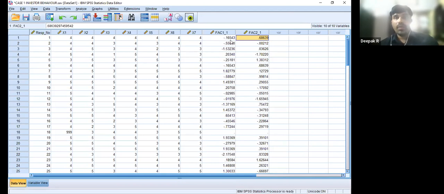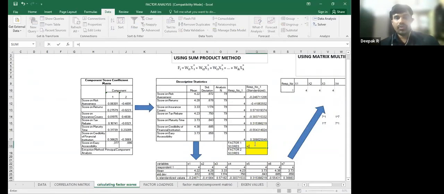Okay, so how did we actually arrive at these factor scores? We know that this is nothing but the weighted average. So if I go for equals, all I need to do is consider the weight which has been given for the first factor, the first question, which is part of the first factor. So the weight into the standardized value.